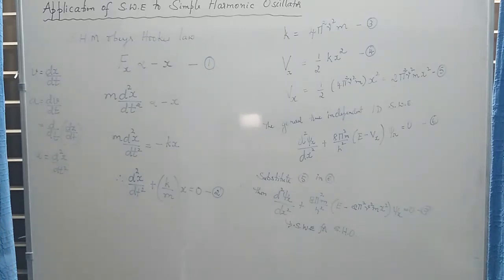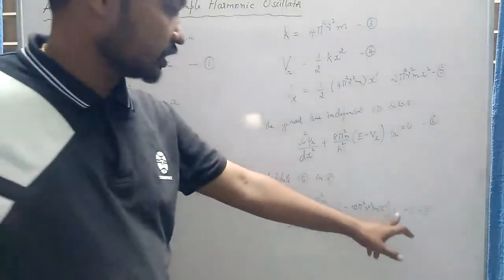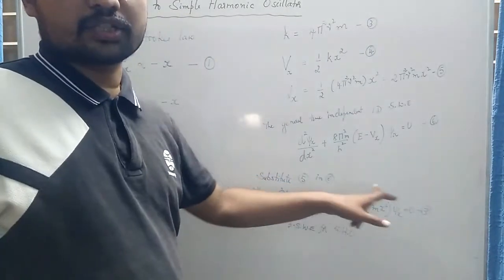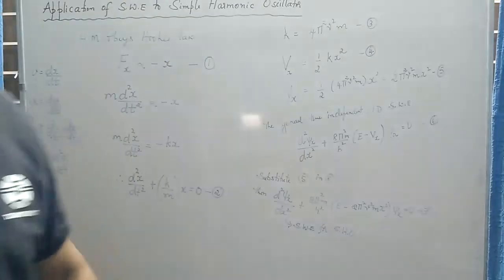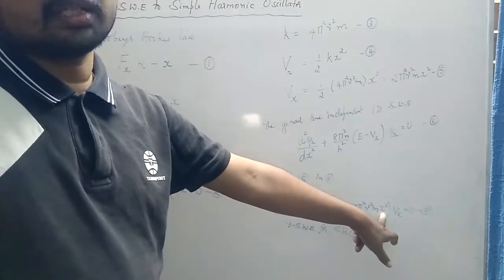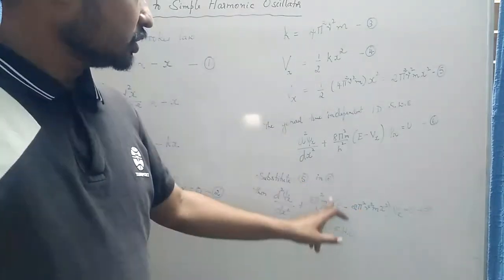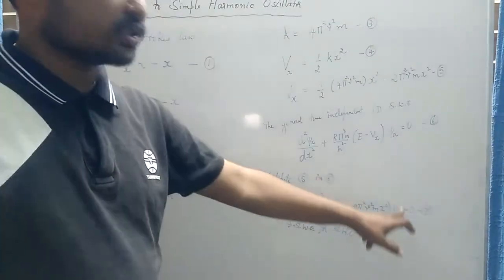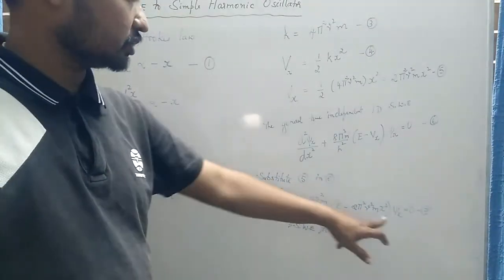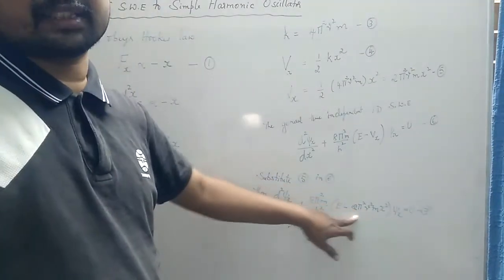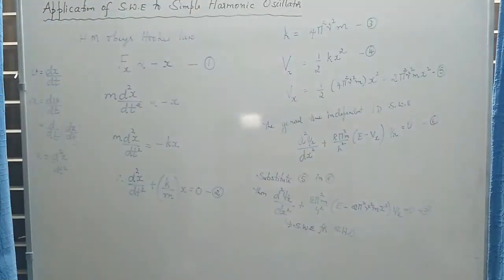But here, if you look at this term, it is not a constant. Potential energy depends on the position of the particle, because it varies with the x position. So solving such a differential equation is not straightforward.